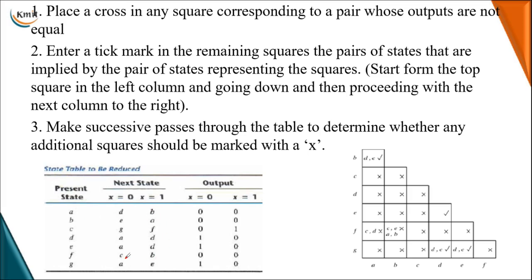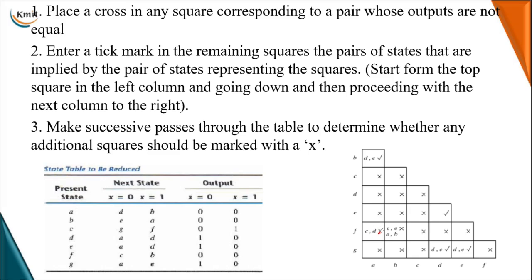So they might be compatible if C and D are equal. Hence we put that CD: if CD are compatible, then A and F are compatible, and eventually they will give the same output.